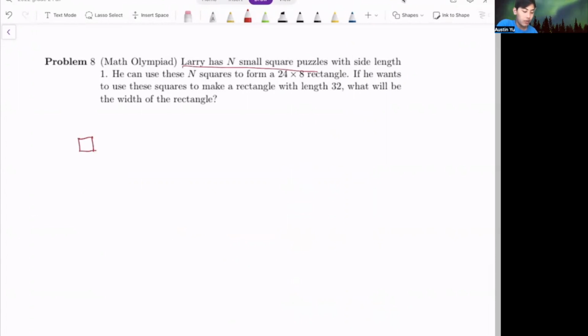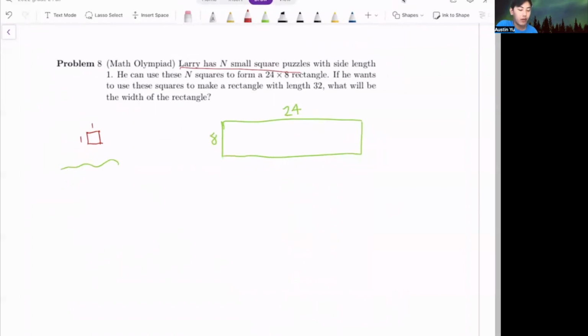So this is just a piece of reference. And it says that he can use these n squares to form a rectangle of 24 by 8. If he wants to make a rectangle with length 32, we have to find the width of the rectangle.